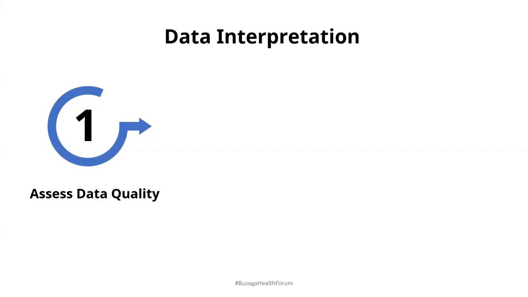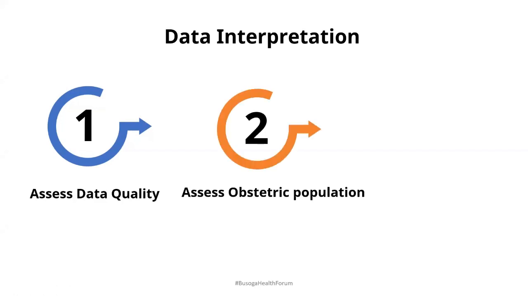Are there some misclassifications, because they are really common? So you need to critically review your data to ensure that you have high quality data. Because if you have wrong data, you come up with a wrong conclusion and you're not going to offer benefit to our mothers.